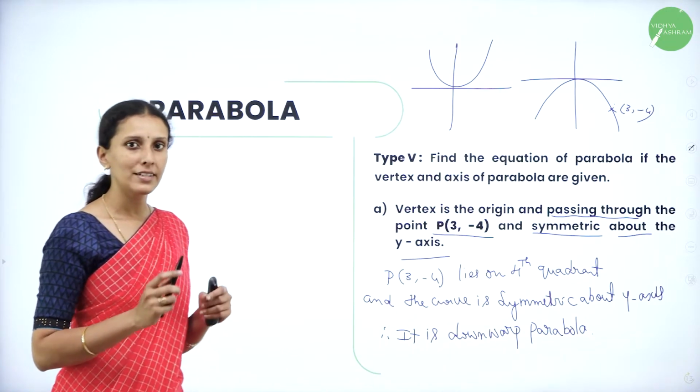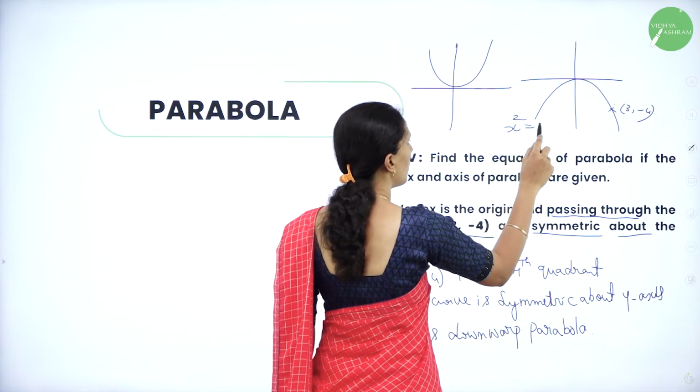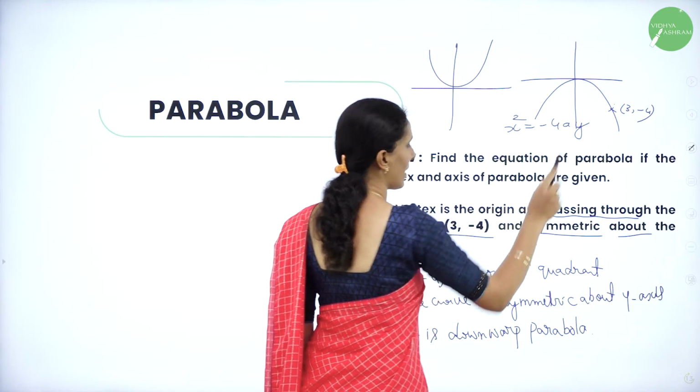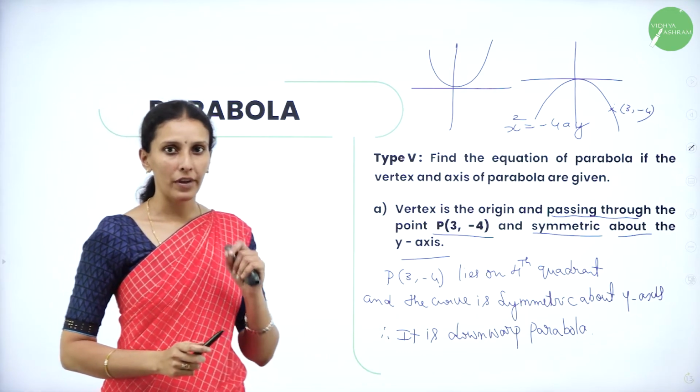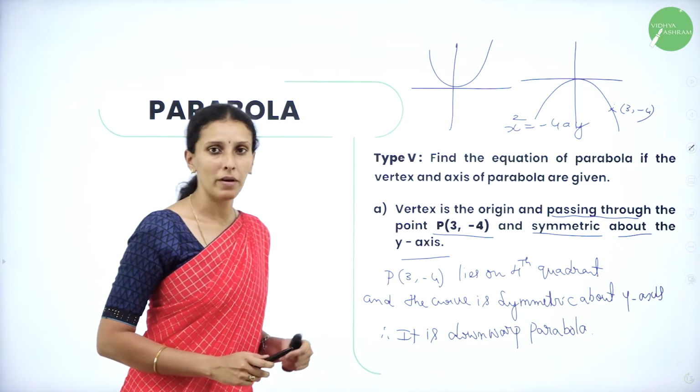So therefore, what is the general equation of the downward parabola? It is x square is equal to minus 4ay. But I don't know the value of a, but they have given the curve passes through P(3, minus 4).